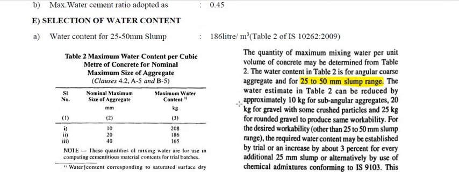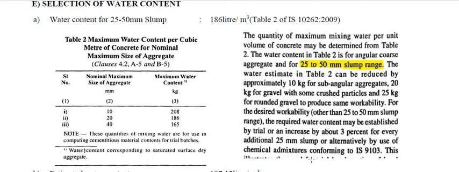Again, in the same clause, it is mentioned that the required water content may be established by trial, and an increase by about 3% for every additional 25 mm slump. So we are mentioning the slump as medium slump, so we are increasing the slump to 100 mm.